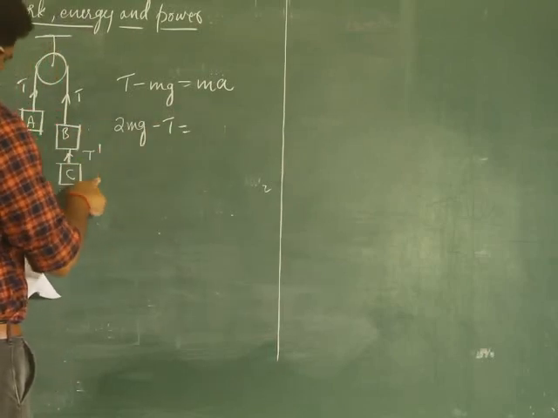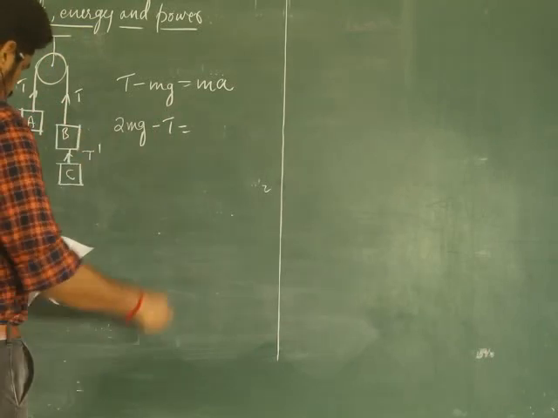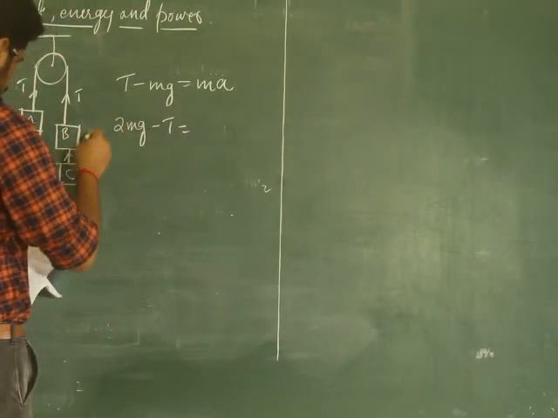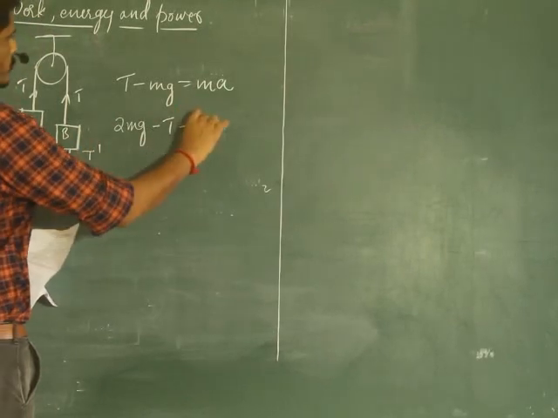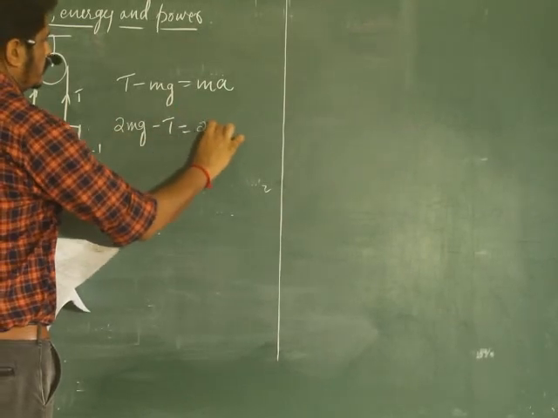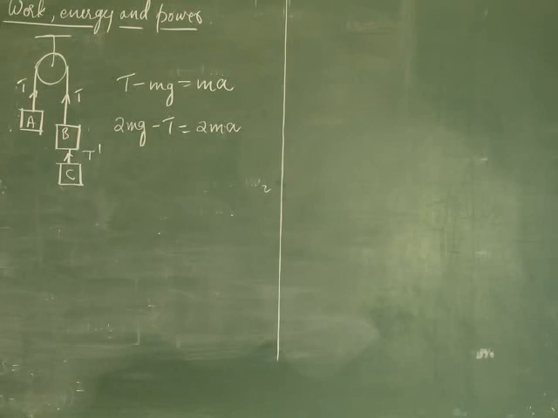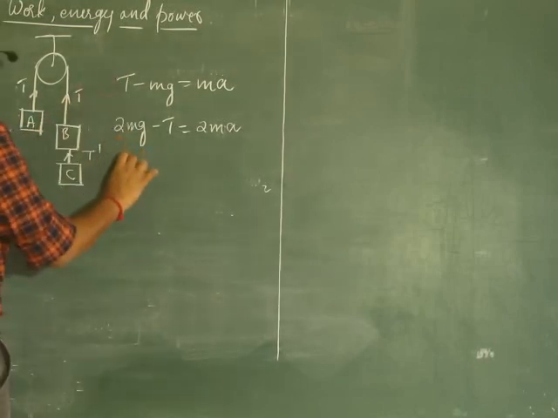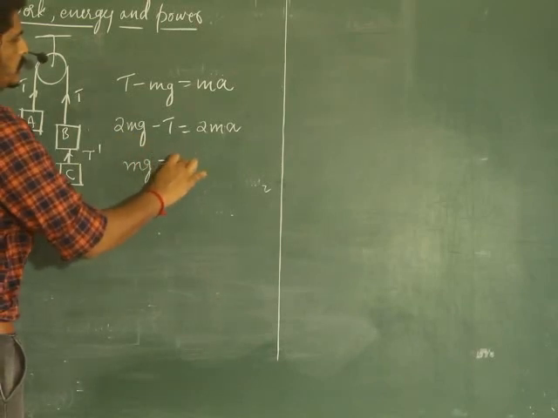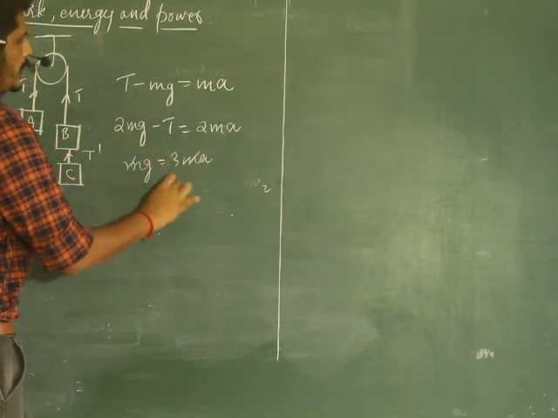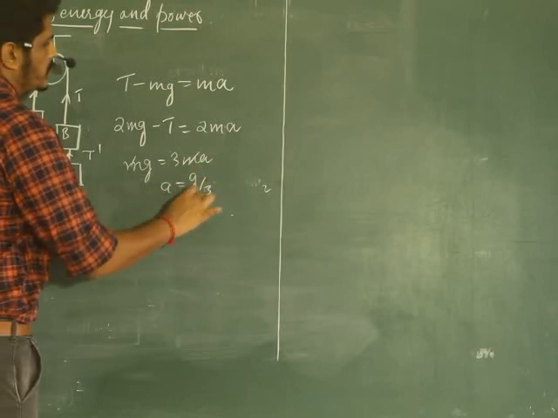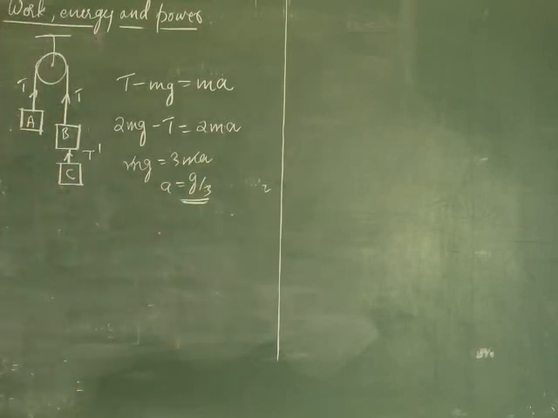So mass is there, right? So here mass is present. So as the mass we are having here, I am just using this. So it is total mass 2 ma. Okay. So next, what I can write? That is, when you equate this, this is mg equal to 3 ma and A equal to g by 3 I will get, correct? Like this I will get soon after evaluating that.